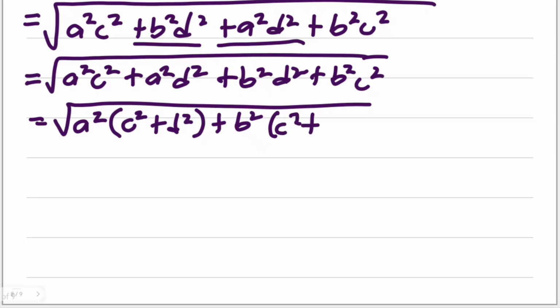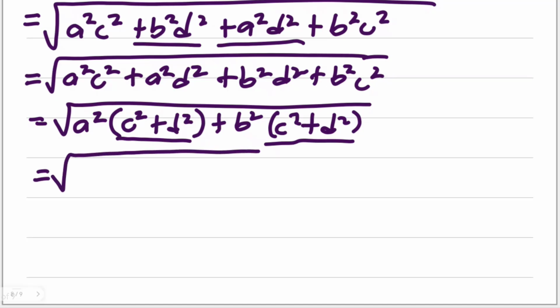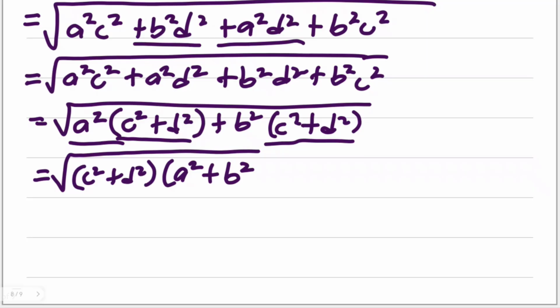Nevertheless, they will be the same. Hopefully you've been following. I'm doing that so that I can also factor this as a common. Is equal to the square root, factoring C squared plus D squared. What remains in our first term is just A squared, and for our second term is B squared.